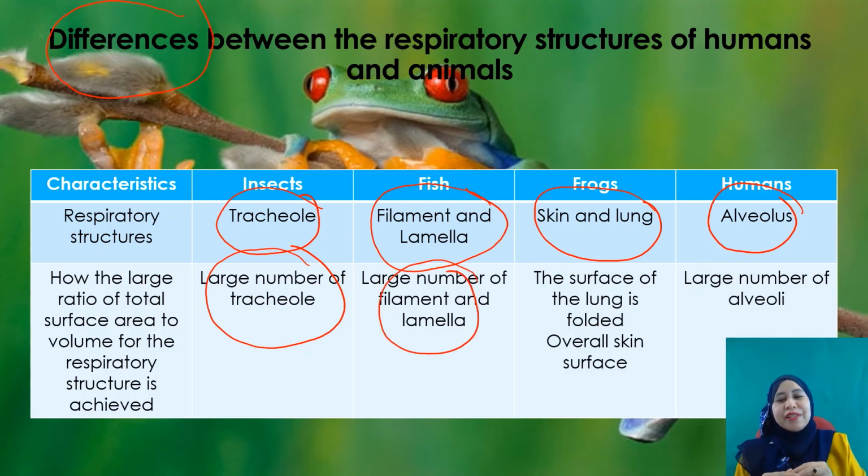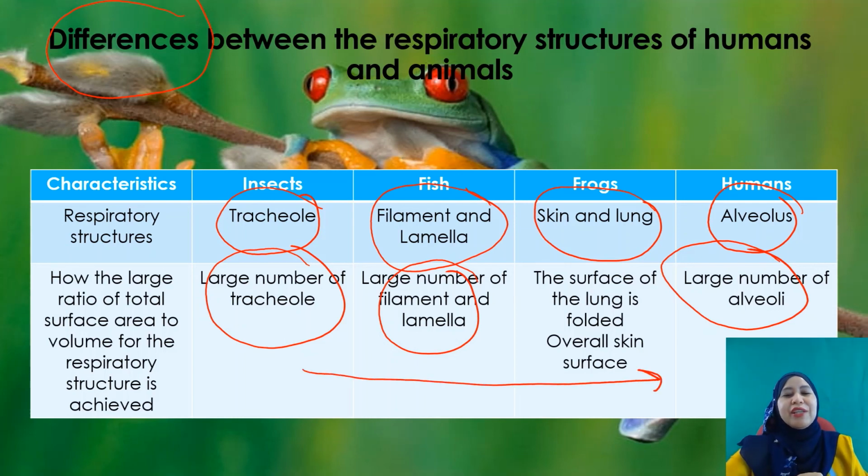For frogs, the surface of the lung is folded and the overall skin surface is also folded. And for humans, there are a large number of alveoli. So all these adaptations ensure that TSA over V is high or is large.